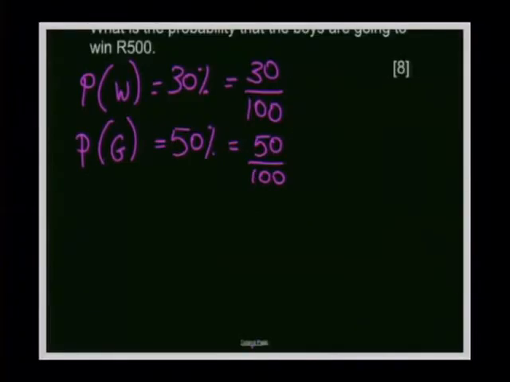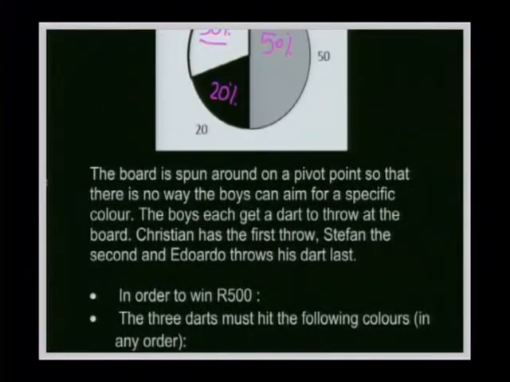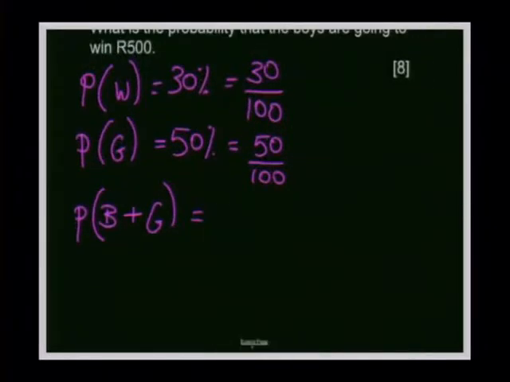So let's extend this. I need the probability of black, or, which is a plus, don't forget that, gray. So my probability of black, let's go find out what that was. Probability of black was 20%, or 20 out of 100. Or the probability of gray, and we've already calculated that as 50 out of 100.